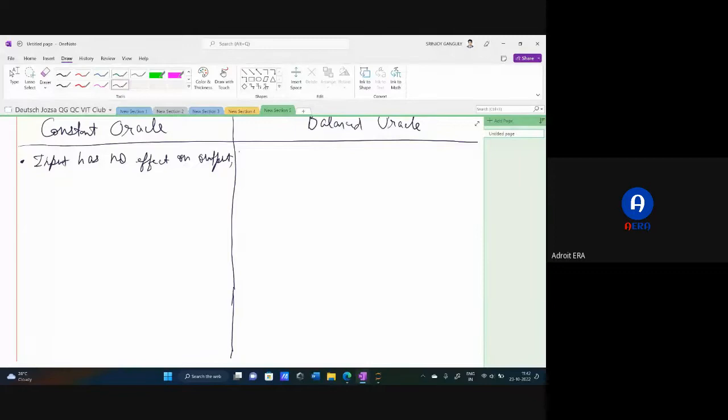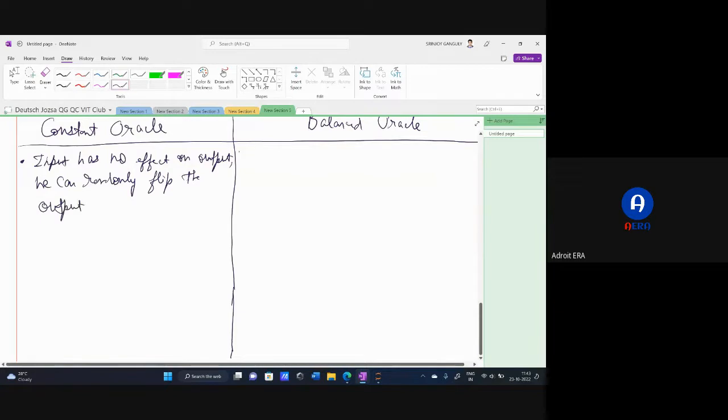So keeping that Deutsch algorithm case in mind, we can randomly flip the output qubit. Output qubit means the second register. I'm going to show you by diagram now what it means, this input, first register, second register, output, all these things. It will become more clear when we do the circuit analysis.